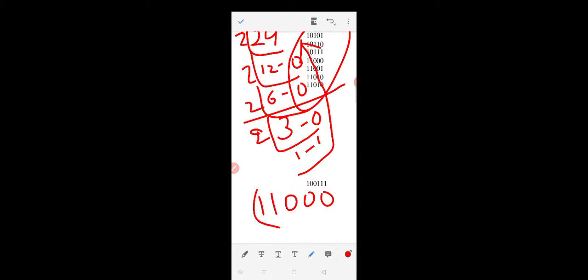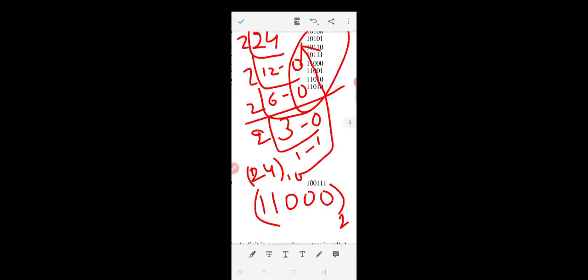This is the binary equivalent of decimal 24. In this way you find the binary equivalent of any number in our decimal number system.